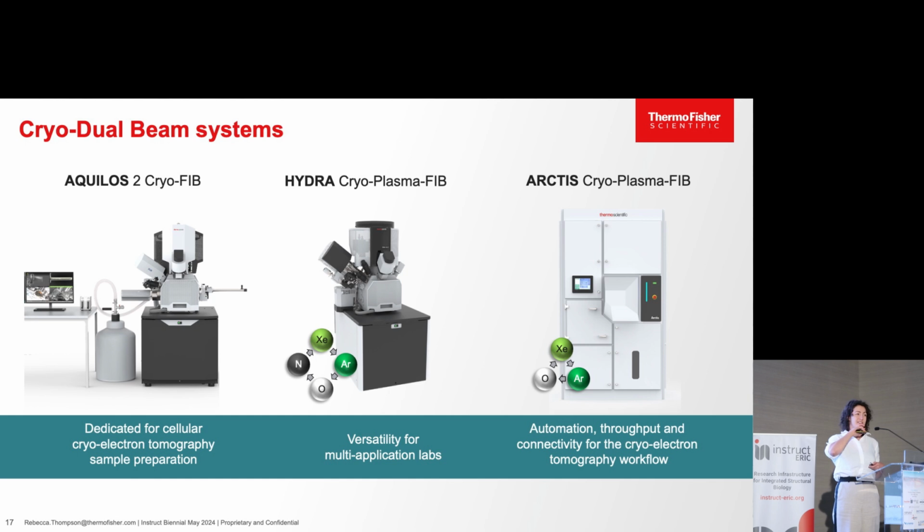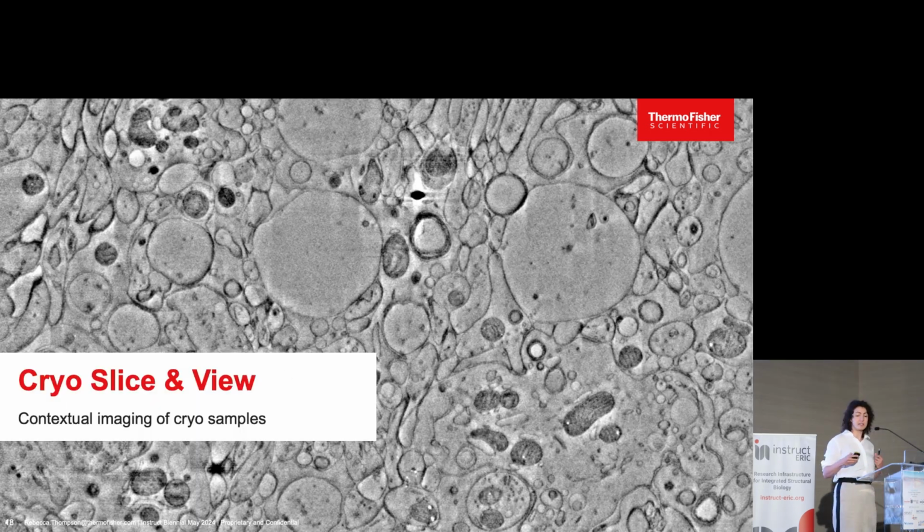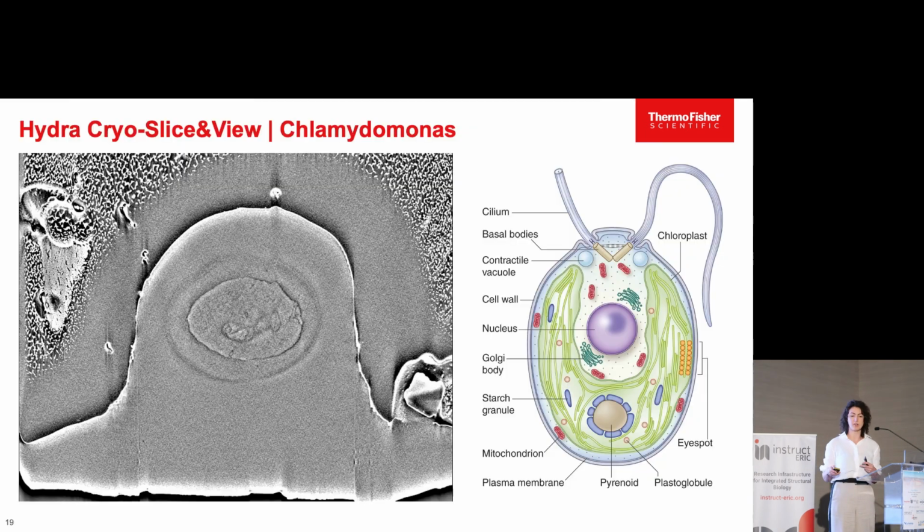A lot of people think about dual beam and thinning samples almost as a sample preparation technique. We're using these instruments to thin specimens. But the SEM, particularly in this Hydra instrument, is in and of itself a super impressive instrument. There is an approach called slice and view, where we can take our cryogenically frozen samples, with no fixation, and directly mill away the specimen and image using the SEM.